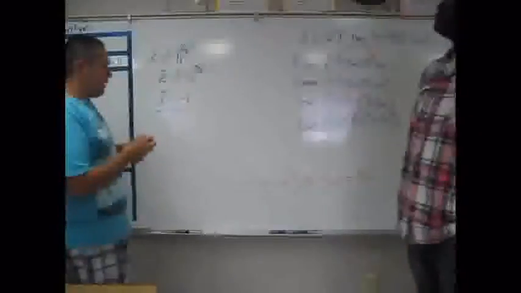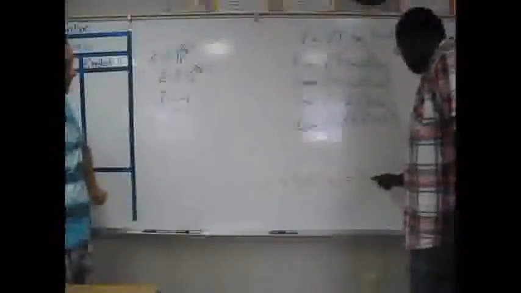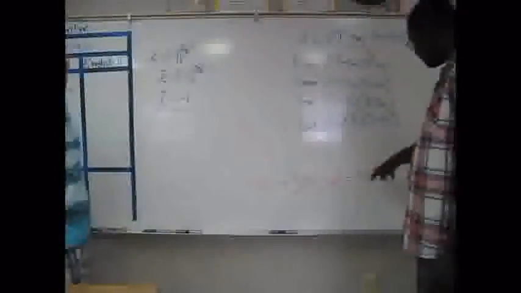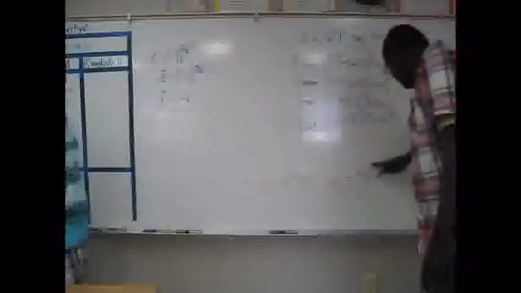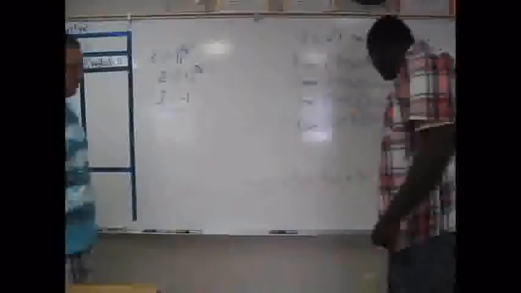Now that we know that, we can plug it in to i squared. If we plug in -1 for i squared, since this is already -18, a negative times a negative is a positive. So instead of -18i squared, it would just be positive 18. Right, and now for our final step, we just add like terms.